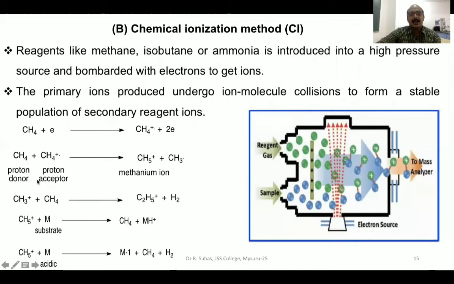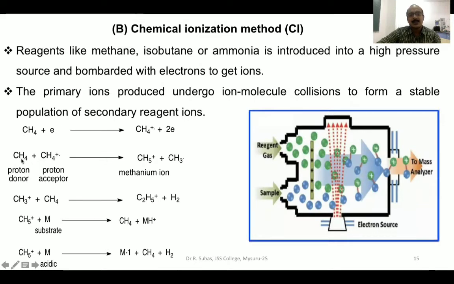Now this radical cation so formed will collide with another neutral species, that is a neutral molecule, another methane molecule. Here one methane acts as proton donor and the other acts as proton acceptor, because it has got one electron short.